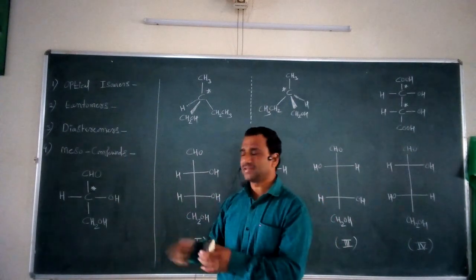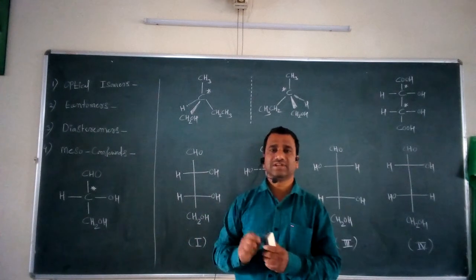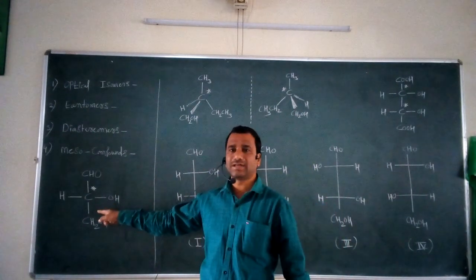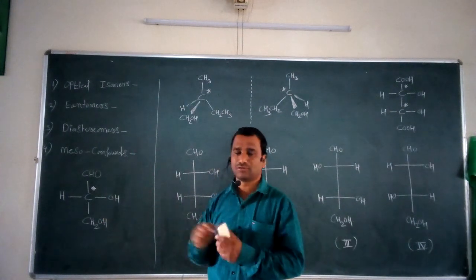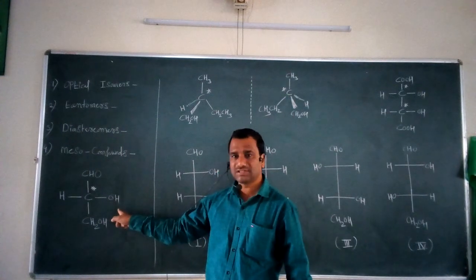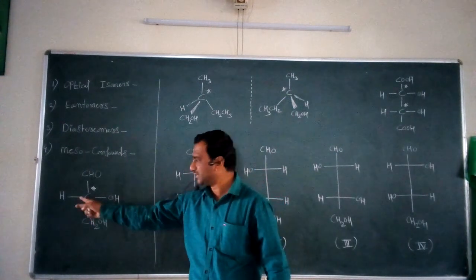If we consider one compound, glyceraldehyde, what happens to the centrally situated carbon atom? Four different atoms or groups are attached. One is CHO, second is OH, third is CH2OH, and fourth is hydrogen.